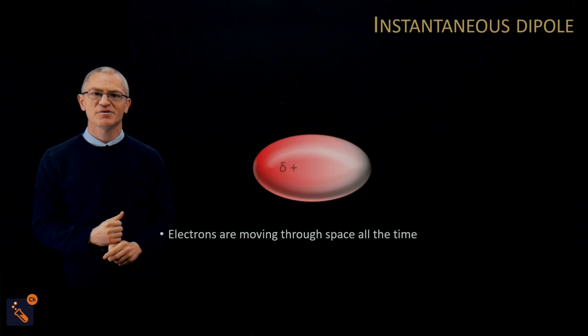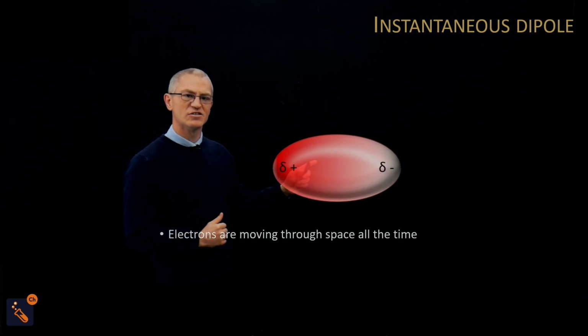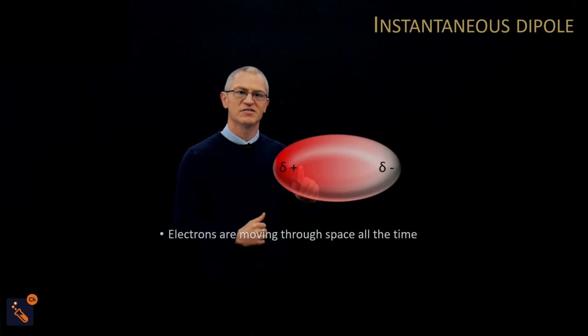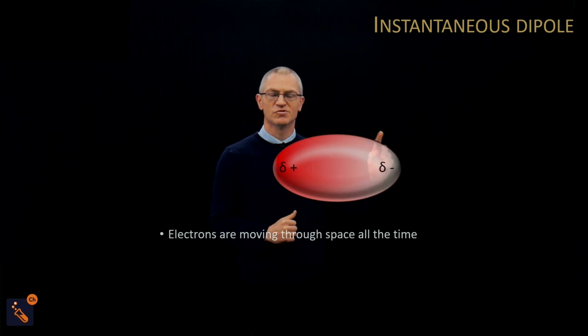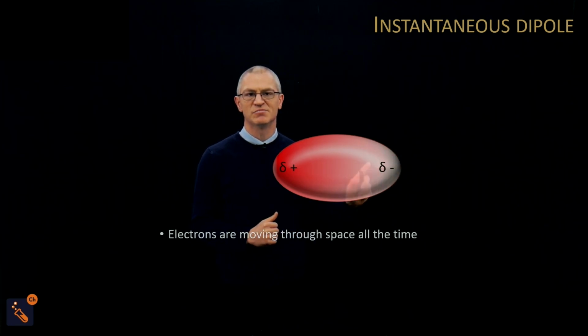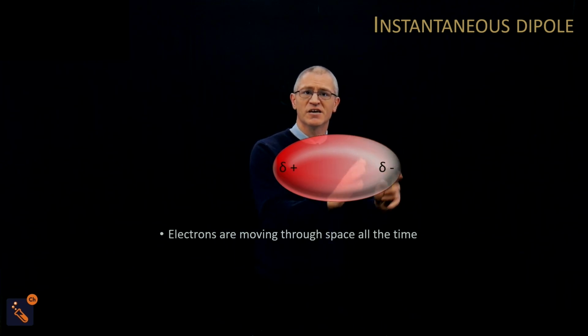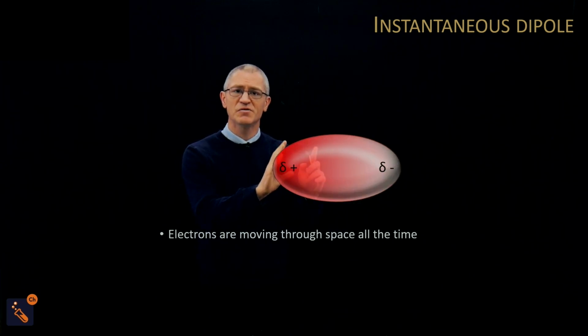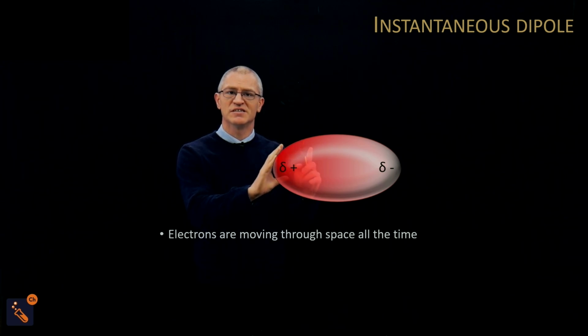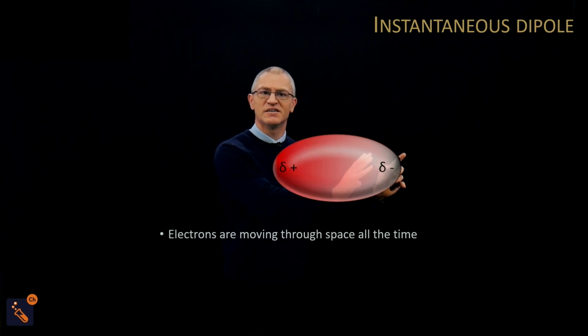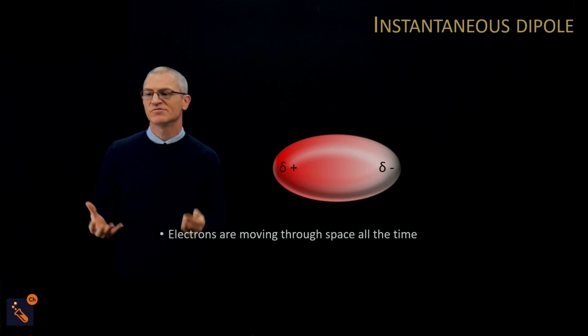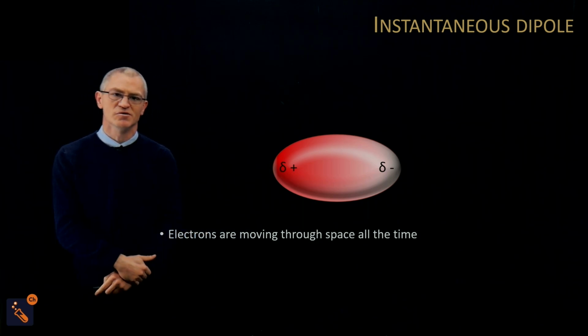So what happens is the atom just changes ever so slightly. The electron cloud moves towards this end. You can see towards this end it's delta minus, so a little minus. That means most of the electrons are around about this end, which means that a few electrons are here and the nucleus is here. So you get a delta positive this end and a delta negative that end, and that's called an instantaneous dipole.